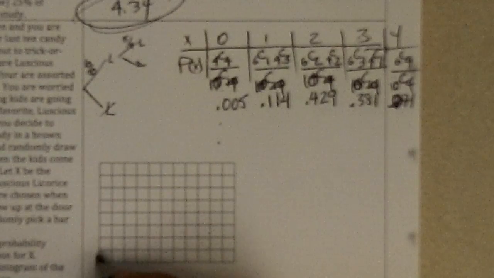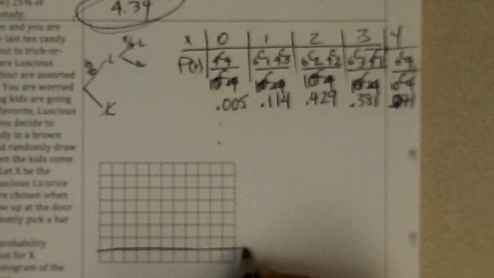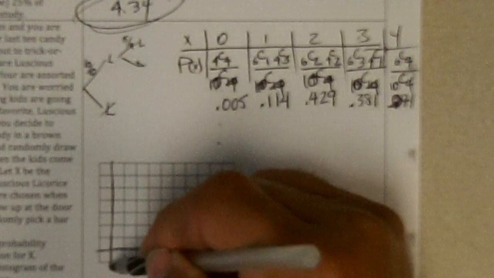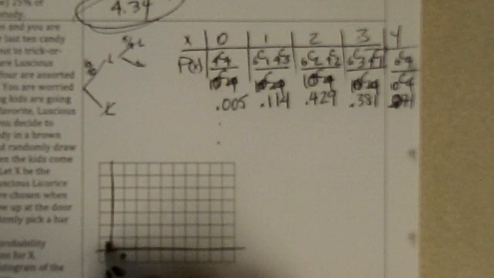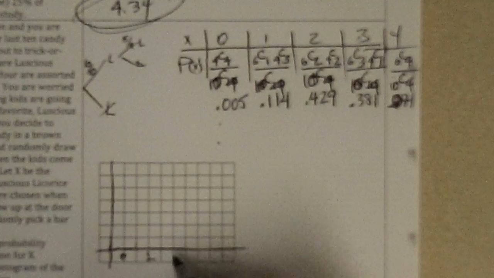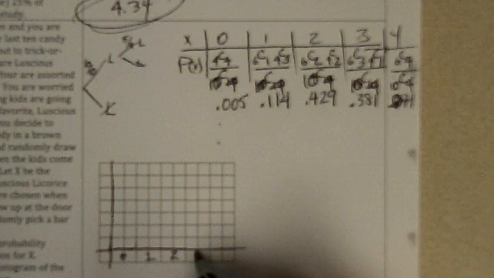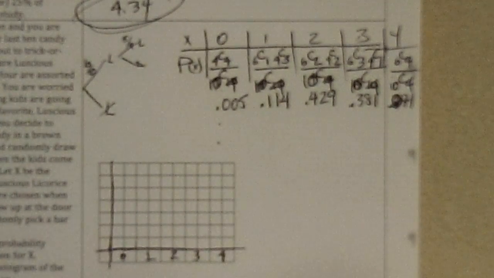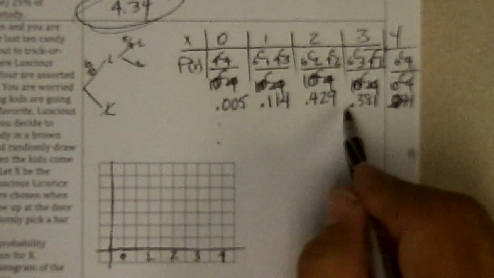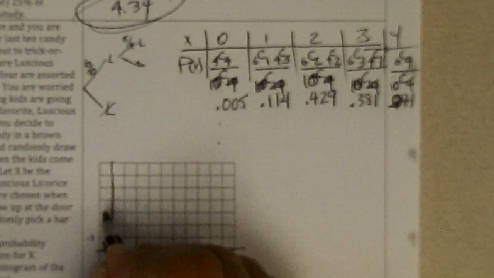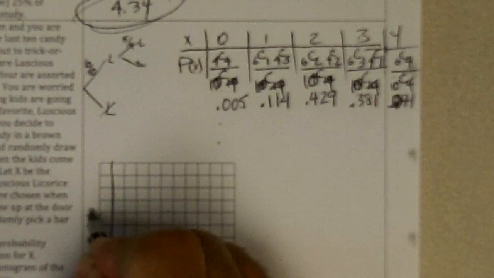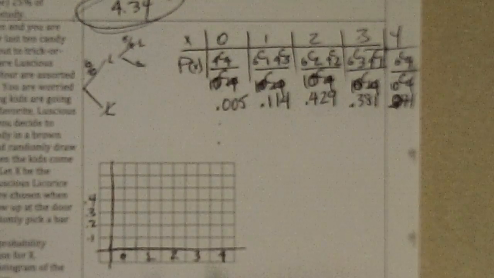Then I asked you to make a histogram of that. That was worth 6. Histogram, so 0, I'll make it this wide, then 1 and 2 and 3 and 4, and the highest I have is 0.4, so this could be 0.1, 0.2, 0.3, 0.4.